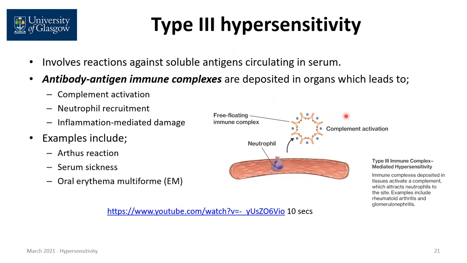The presence of these complexes will drive different processes, such as activating the complement cascade, recruiting neutrophils to the site of the complex, and also other inflammation-mediated damage. Again, the YouTube video is very good. A very good schematic is shown in the YouTube video from about 10 seconds onwards for this process.